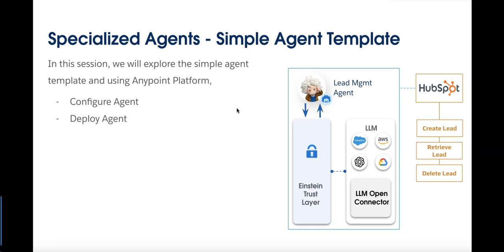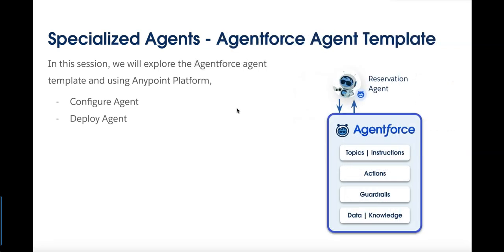And it's also being deployed right now. And the final one is the Agentforce agent, which is capable of doing reservation completely out of Salesforce. This has to be built and activated in Salesforce before you can deploy it. You just need to have the ID as well as the client credentials for the Agentforce agent to be deployed.